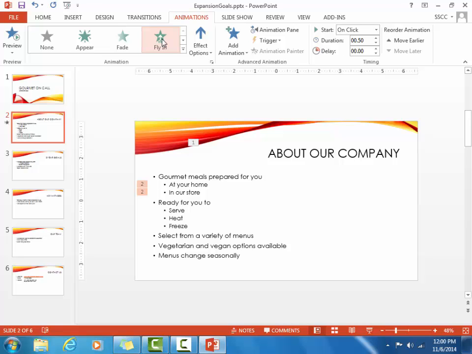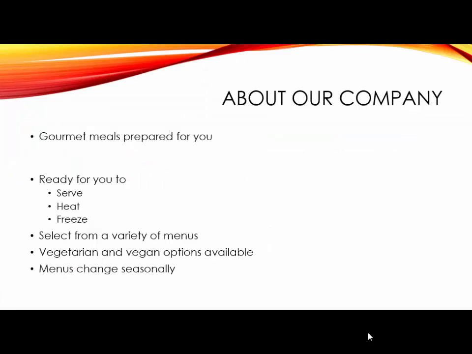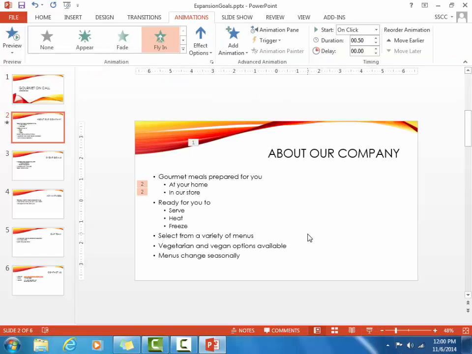On the status bar, click the Slideshow button. And then advance the slideshow. Advance it again. The first bulleted item and its sub-items fly onto the screen. Okay, that's not quite right.